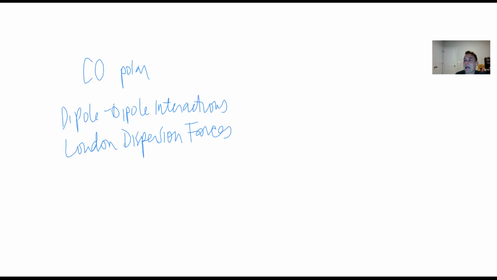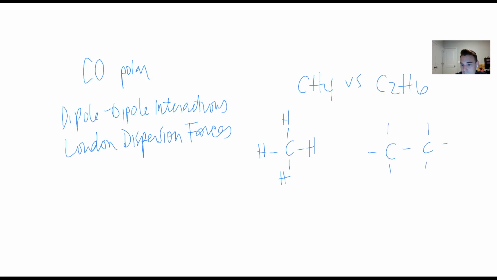So let's say I had CH4 versus C2H6, okay? And let's just draw the Lewis dot structures for practice. So we know that when things are bonded to themselves, their difference is 0.